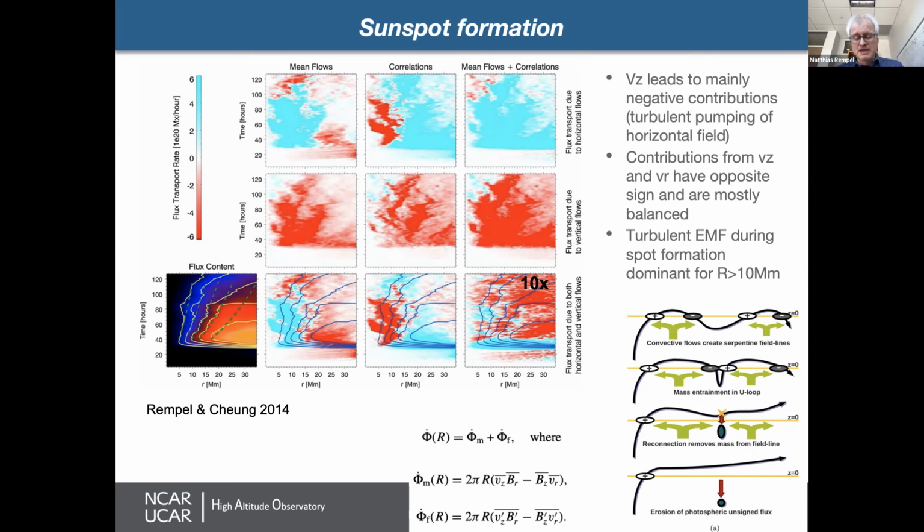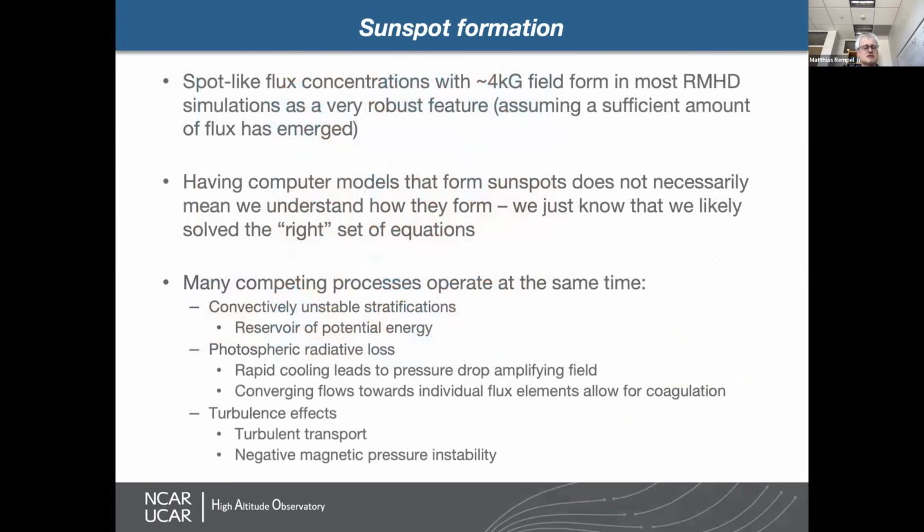is going on here. Now, most of these simulations show sunspot formation as a very robust feature. Pretty much whenever you move enough flux into the photosphere, you end up with something of 4 kilogauss field strength. But having a computer model which shows this doesn't necessarily mean that we really understand how they form in detail.